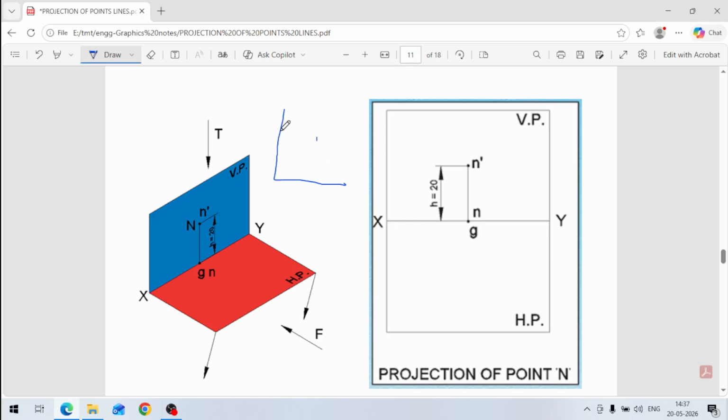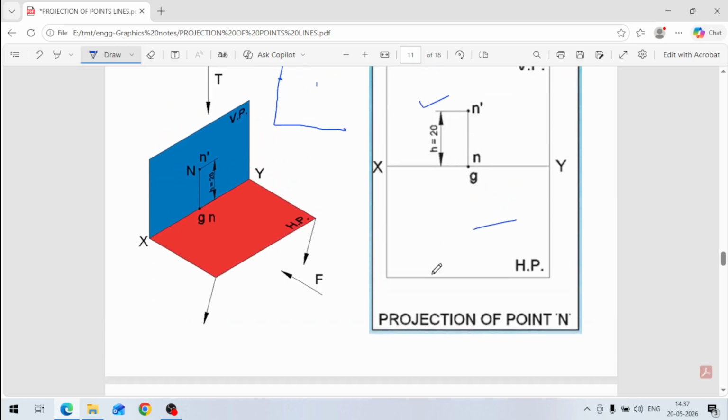If the point is on this plane only, like this, then the projection will be only on this plane. There will be no projection on the other plane. So similarly, there will be no projection on the horizontal plane, and only in the vertical plane there is a projection, this N dash, and the distance is 20 mm. So this is the projection of the point, like this.